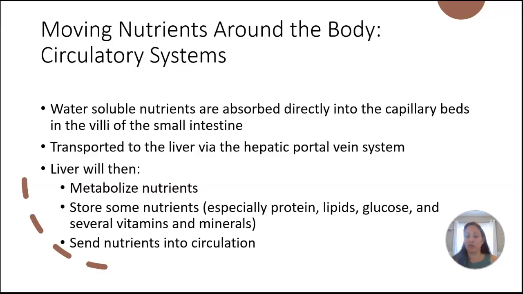Some will be stored, so especially proteins, lipids, glucose, and several vitamins and minerals. And then nutrients will get pushed out, sent out into circulation. When that happens, those nutrients are going to be delivered to the cells and tissues all around your body to be used.